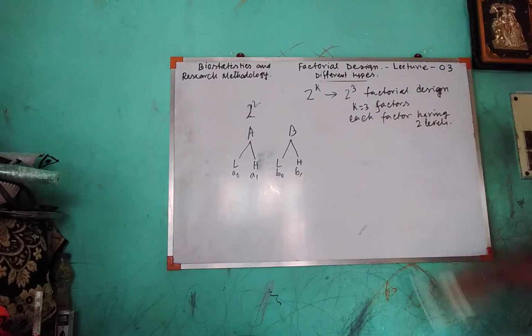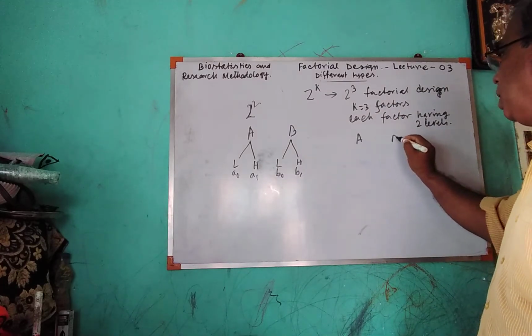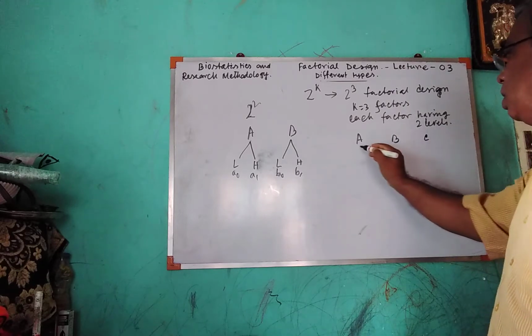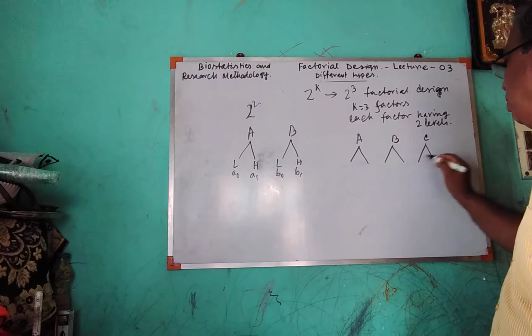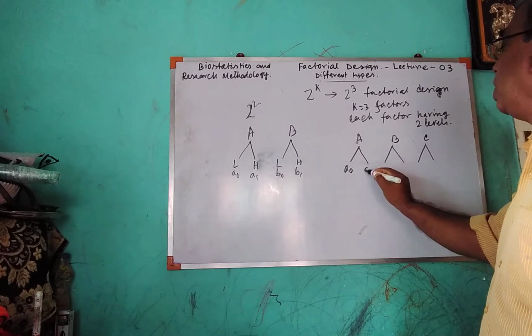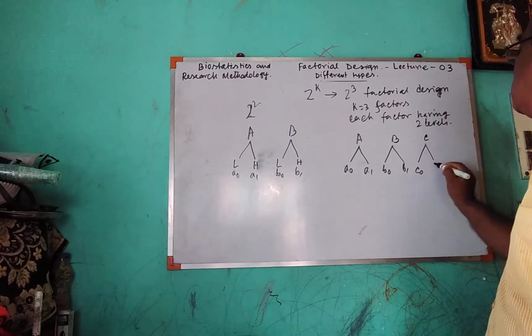There are 3 factors, each factor having two levels. If I write factor A, factor B, and factor C, each factor has two levels. This is known as level: A0, A1, B0, B1, C0, C1.